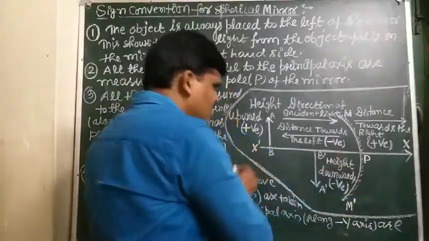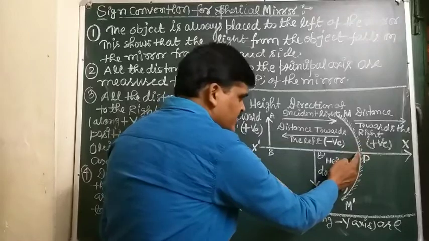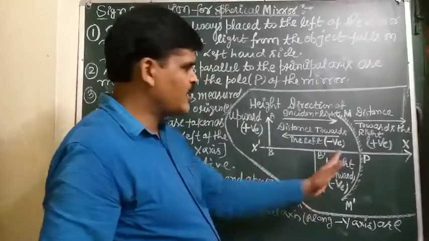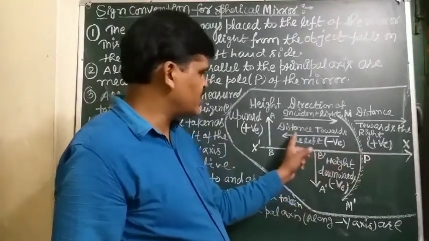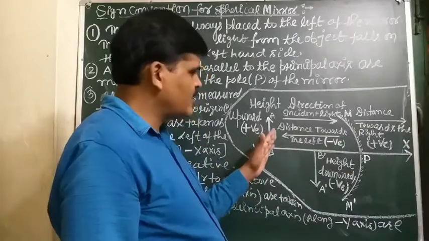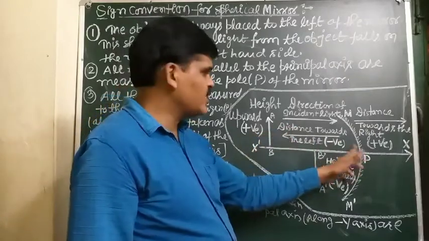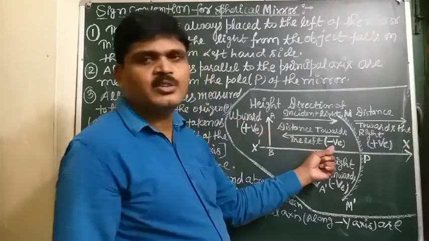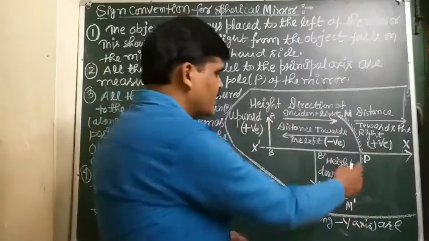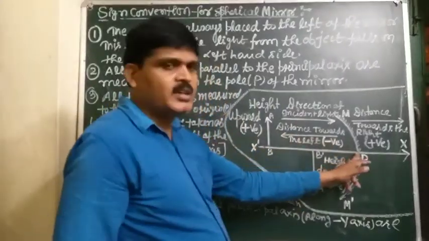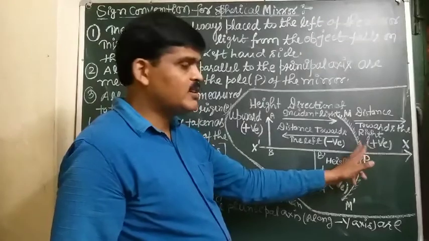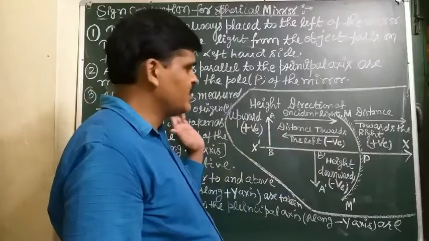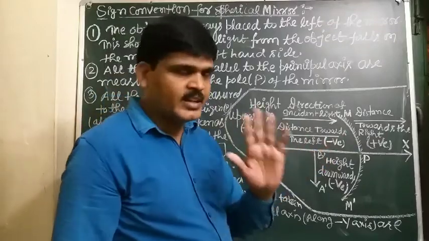Listen carefully. Distance measured from the pole of the spherical mirror towards the left side is taken to be negative.